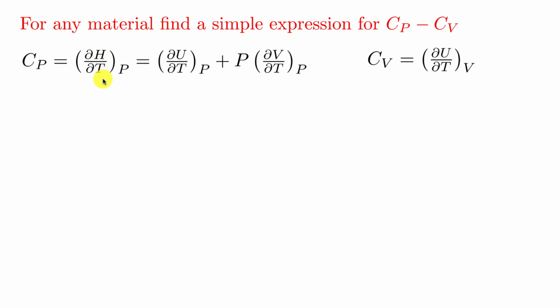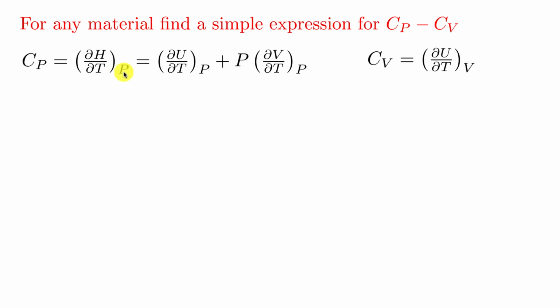Cp is dH by dT at constant P, and remember, H is equal to U plus PV, but P is a constant, so I'll differentiate U with respect to T at constant P, and then there's P dV by dT, again at constant P. We didn't need to differentiate P because it is a constant. On the other hand, Cv is dU by dT at constant volume V.